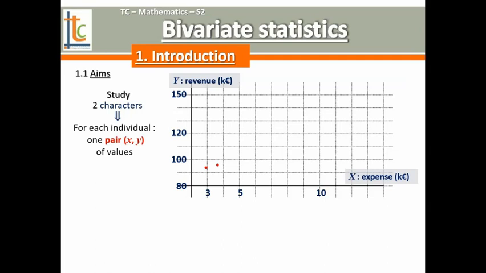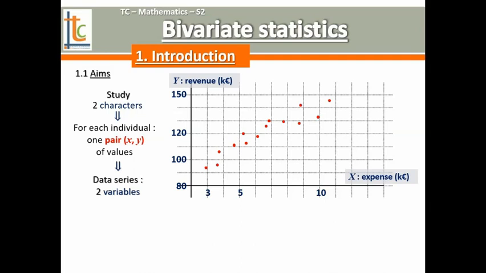One other company had another point with another value of X and another value of Y, and so on. There are here 14 companies in our survey. You can see that you obtain a whole data series, a whole list of pairs XY.